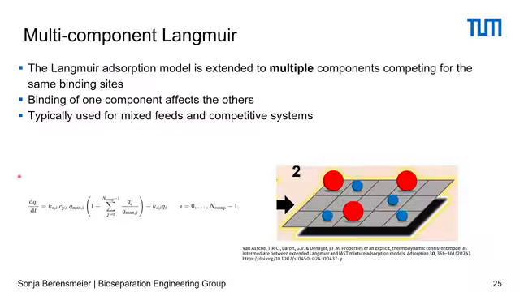You can see the Langmuir kinetic equation adjusted here in a differential form. So it's the change of the concentration bound to the surface of a molecule type i over time. And here we have the binding factor, we have the concentration in the fluid phase of our molecules, Qmax, that is the Qmax for all the molecules, and then this term that takes into account the different molecule types.